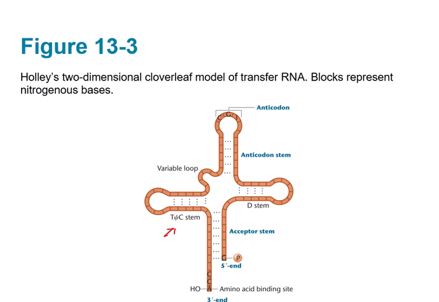So it has this D stem, and then it has an anticodon loop, and then a variable loop, and then this one has kind of a thymidine or methylthymidine-like uridylic acid and the C stem. They also have all these structures where they are in the form of a helix.